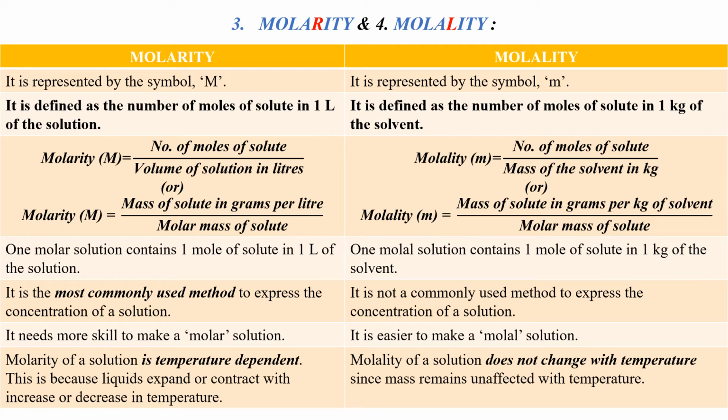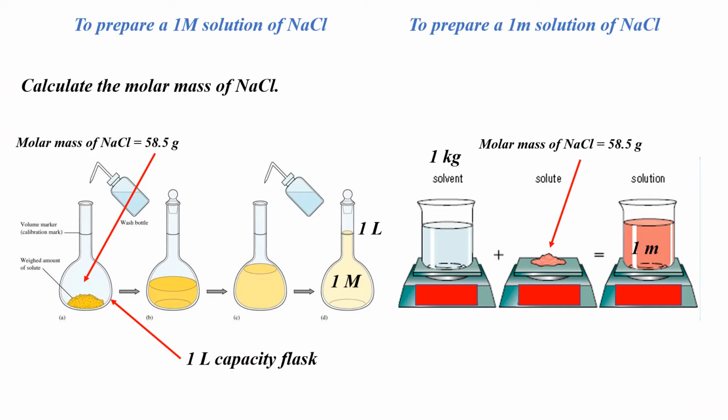It is temperature independent. How to prepare a 1 molar solution of NaCl? Let's see. We know a 1 molar solution of NaCl contains 1 mole of NaCl dissolved in 1 liter of the solution. So for this, first of all, you should calculate the molar mass of NaCl required.